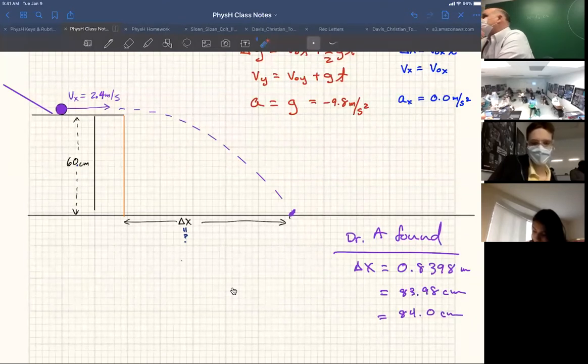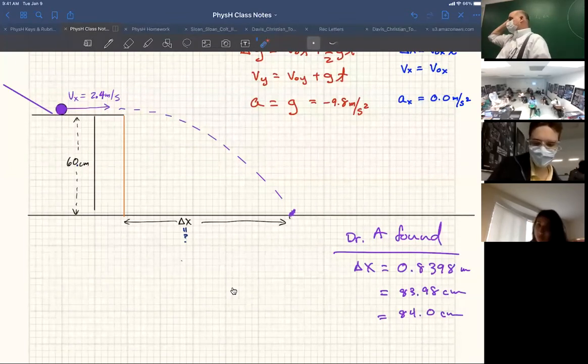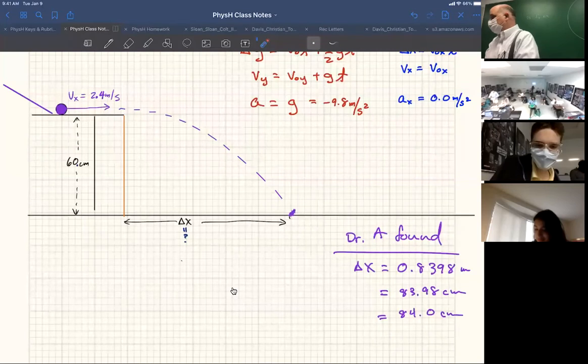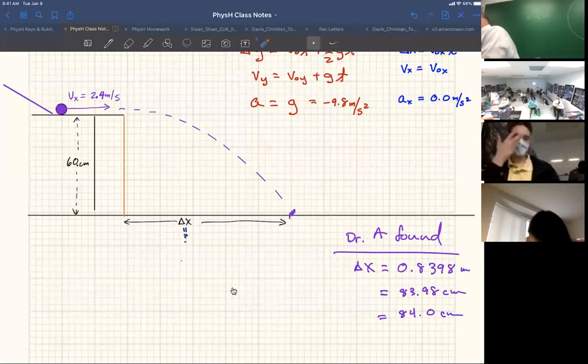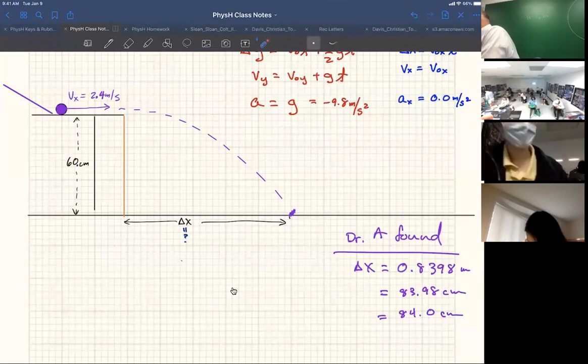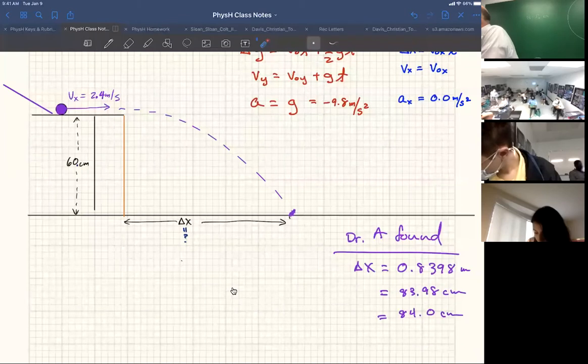The what? Okay, that's a good question. If something is rolling, like when it's on the table, what's the vertical velocity? So the instant that it comes off the table, there hasn't been any time for it to change, so the vertical velocity is zero.